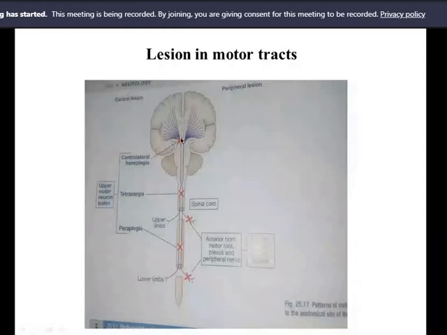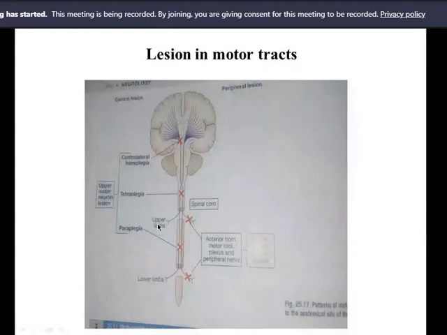So if there is a lesion here, there will be contralateral hemiplegia, because the nerve is going to the opposite side. Number one, so it is contralateral. Hemi means half, plegia means paralysis, right? So if it cuts here, then contralateral hemiplegia.